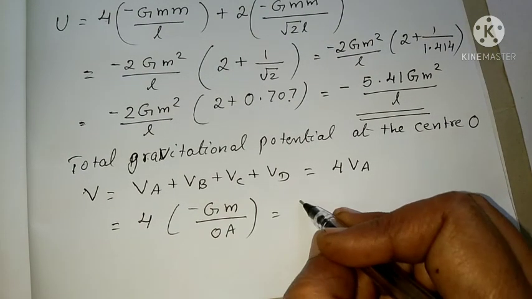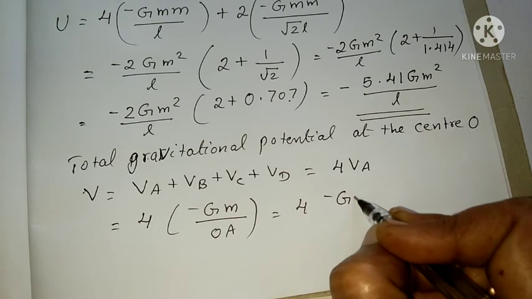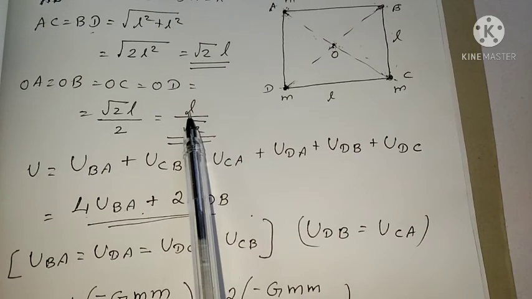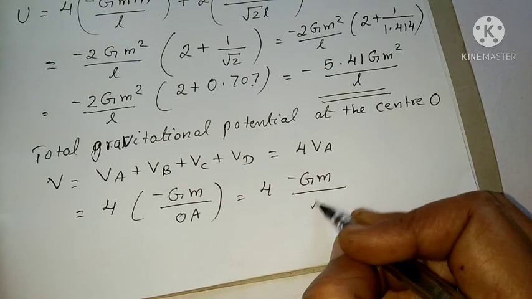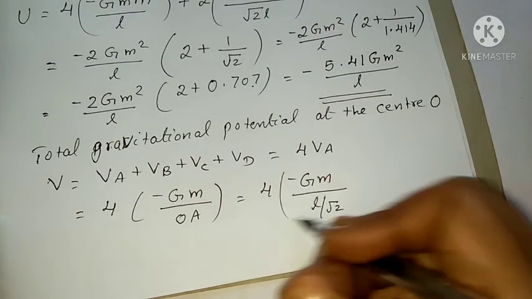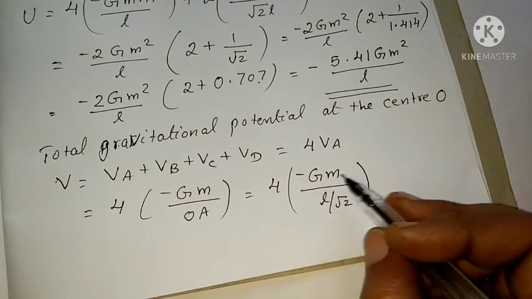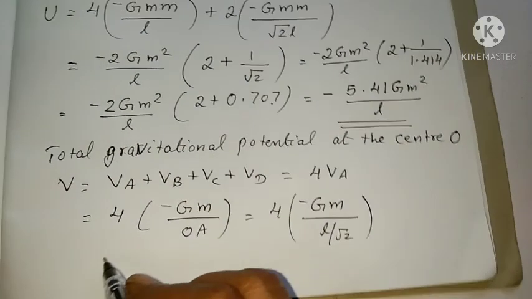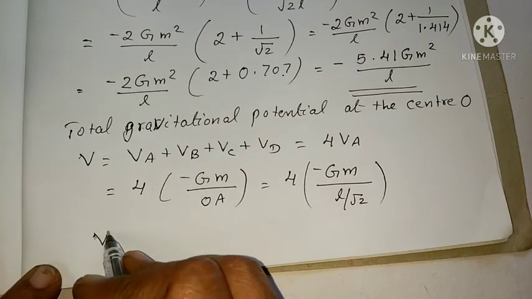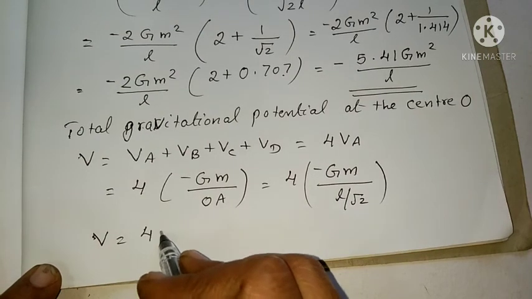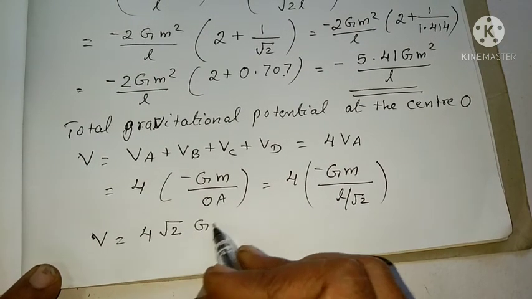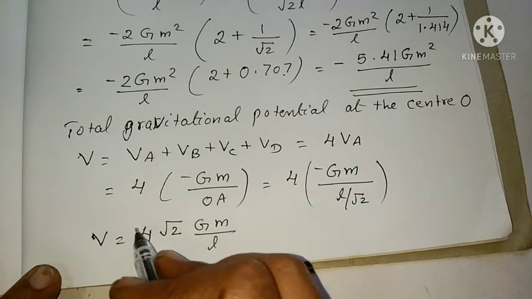Then we can substitute the value, 4 into minus GM divided by OA. What is the value of OA? We already wrote it here, L by root 2. Clear? Then we can take the root 2 in the numerator. So V equal to 4 root 2 G M by L with a minus sign.